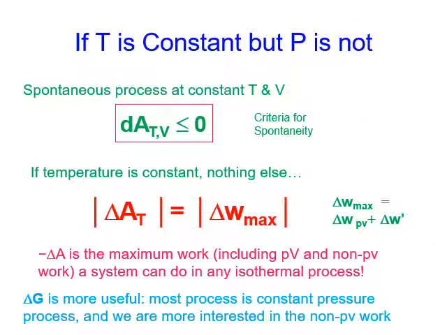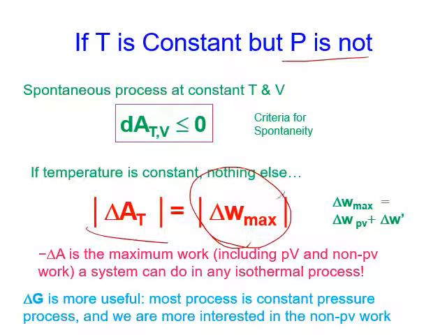In the last slide, we showed that under constant temperature and constant pressure, the Gibbs energy change equals the maximum non-PV work, or the additional work. Now, if temperature is constant but pressure is not constant, we can show that the maximum total work equals the Helmholtz energy change.